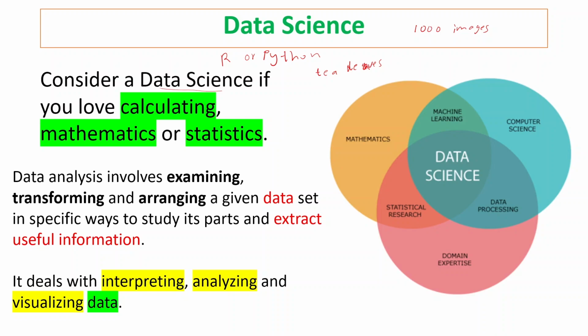Based on these 1000 images, you can train a model. After that, using that model, you can extract information about which leaves are good or bad when you input new data. It deals with interpreting, analyzing, and visualizing data. Finally, you can visualize this data, and companies can take business decisions based on it.